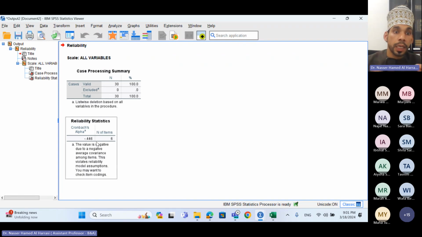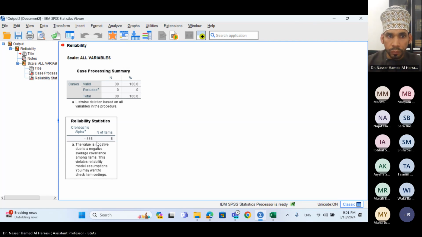It must be more than 0.7. Now, the result for the reliability of our questionnaire is minus, but it doesn't matter whether it is minus or positive. The most important is the number. If it is 0.446, that means we cannot rely on it or trust it.